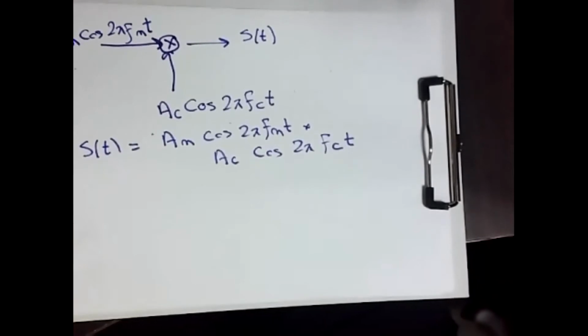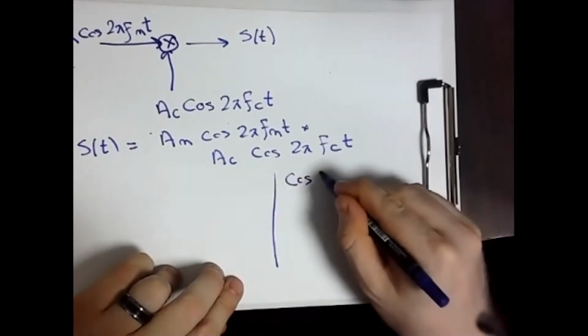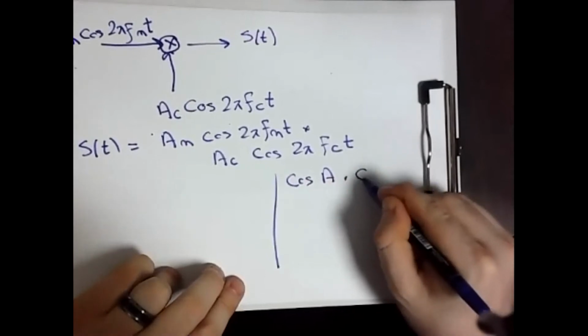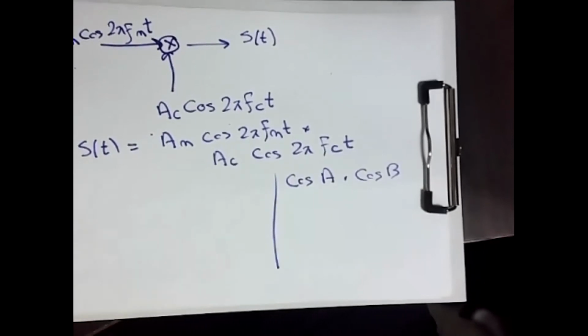Here you have just to return back to your high school mathematics or trigonometry to remember this relation: cosine A times cosine B. Whenever you are multiplying two cosine signals together, what is the output?